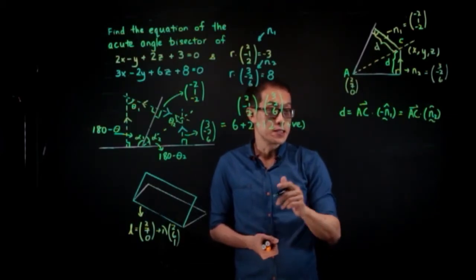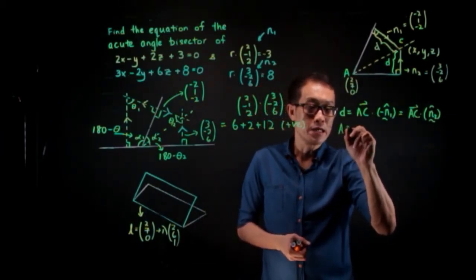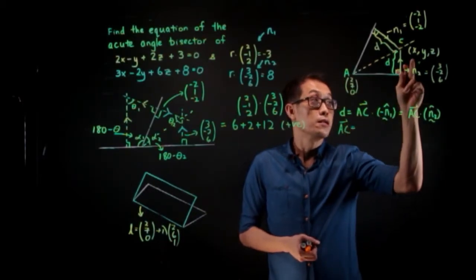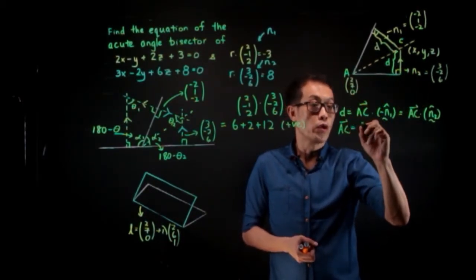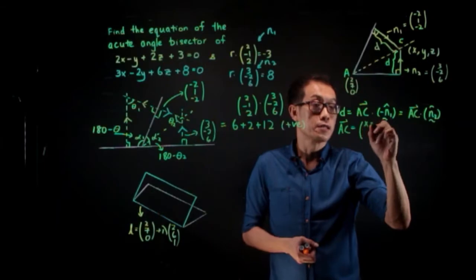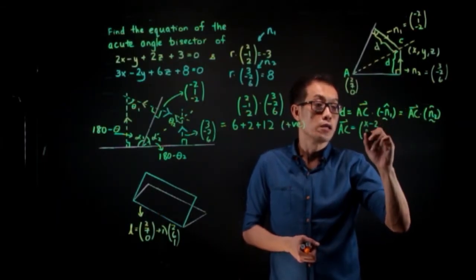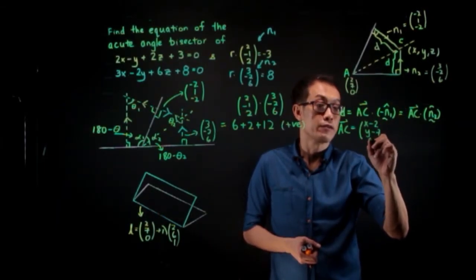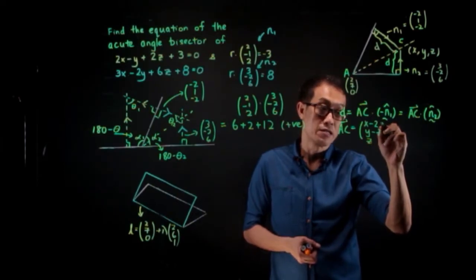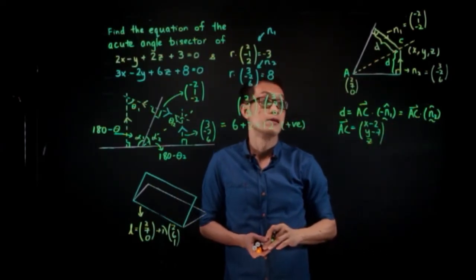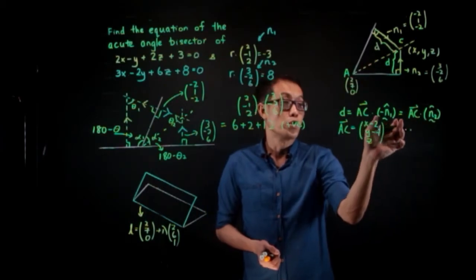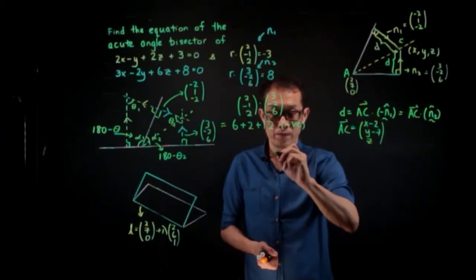Now, what is AC? AC is OC minus OA. That will be (x minus 2, y minus 7, z minus 0). I will just leave it as z. So you dot this with the unit vector.